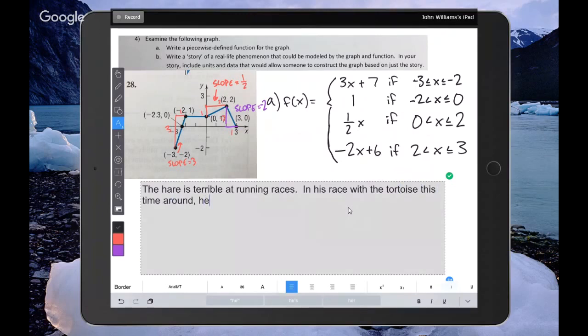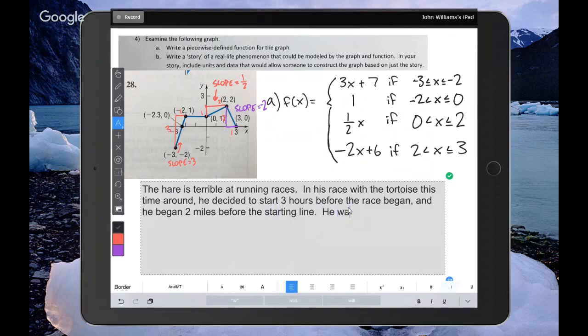Let's see. The hare is really bad at running races. In his race with the tortoise this time around, he decided to start 3 hours before the race began, and he began 2 miles before the starting line.